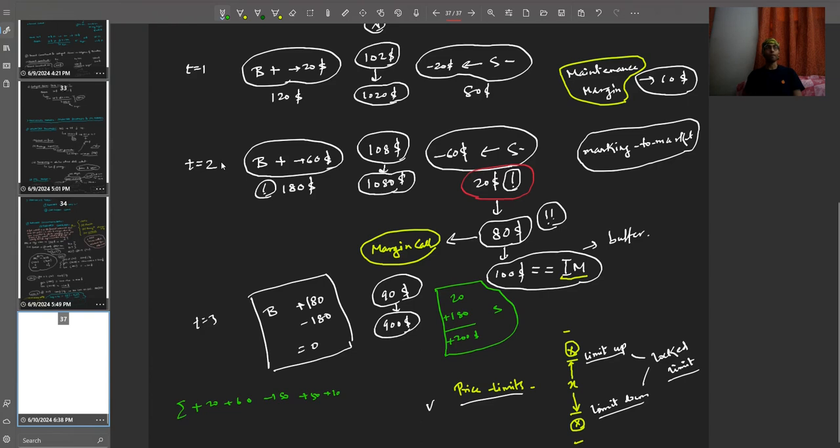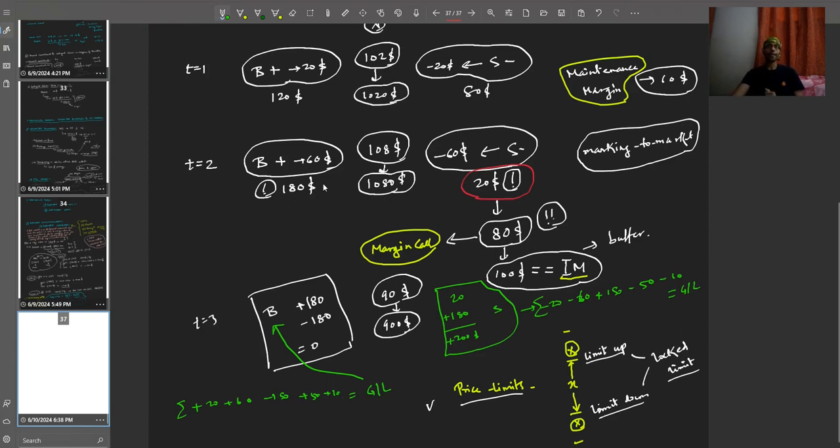Summing all this up, whatever value comes up, that is basically the net gain or loss for the buyer. Same goes for the seller. The first day his loss was 20, second day his loss was 60, third day his profit was 180. Let's say then again the loss was minus 50, then again the loss was minus 10. Summing all this up till the time the expiration happens, assuming that both of them hold on till expiration, whatever happens till the end, that is their gain or loss.